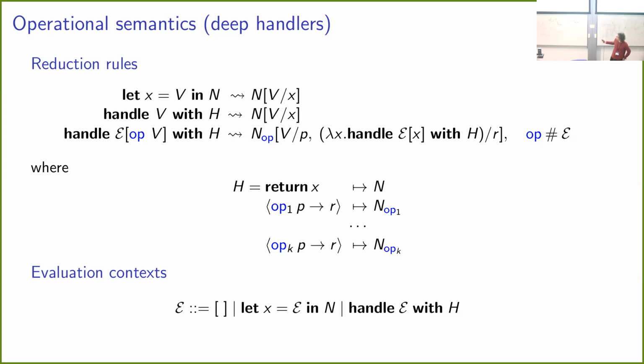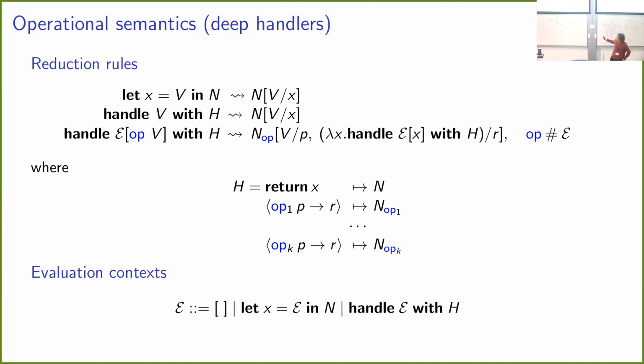But it's not just the evaluation context. These are called deep handlers, so we want to make sure that we handle the rest of the computation using the same handler. So you wrap handle with around the context as well. There's also this little side condition.